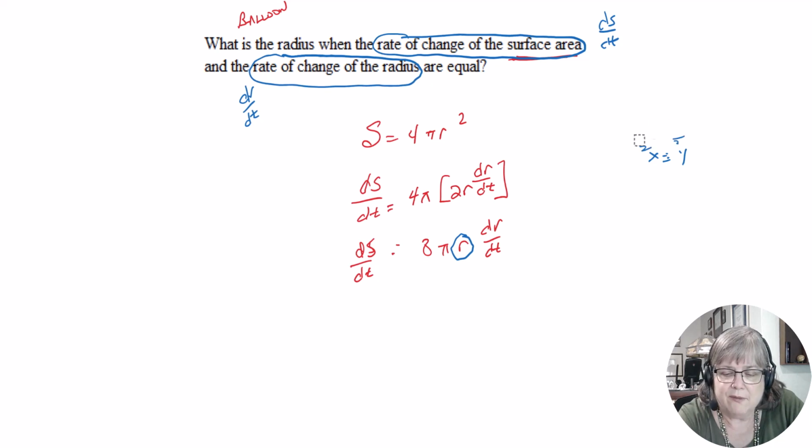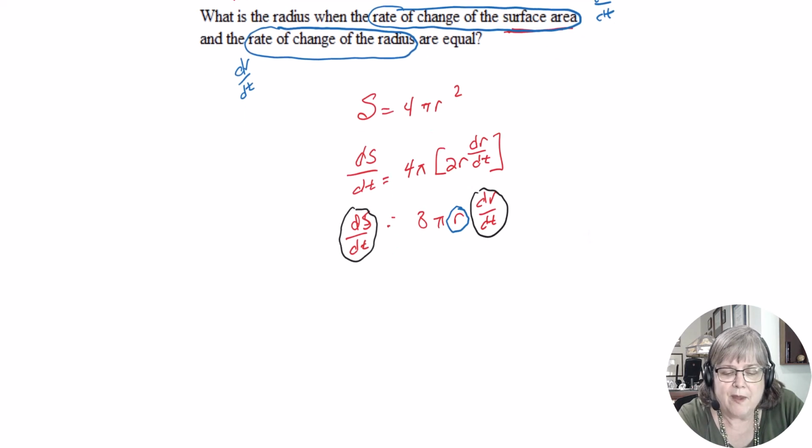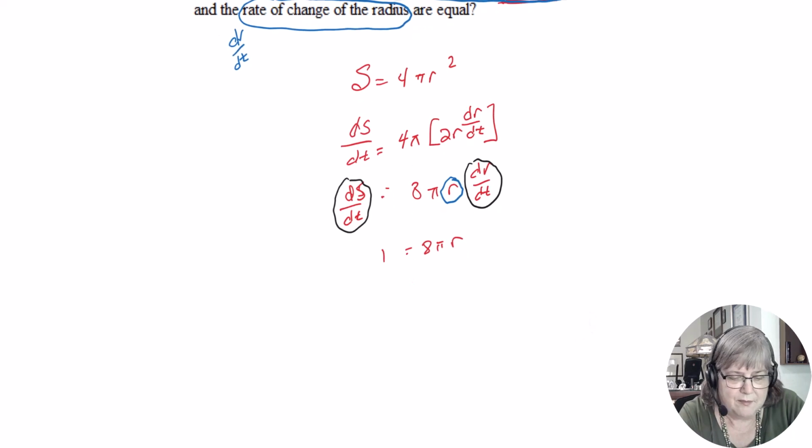So if this term here is equal to this one, then I can technically divide those both out, and 8 pi r has to be equal to 1. Okay, and then r is equal to 1 over 8 pi.